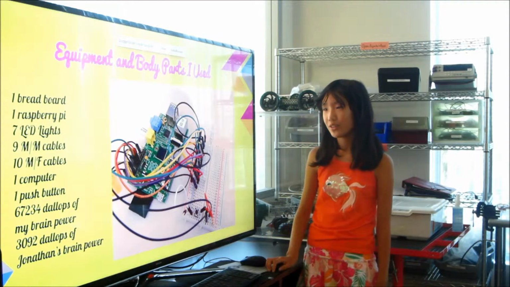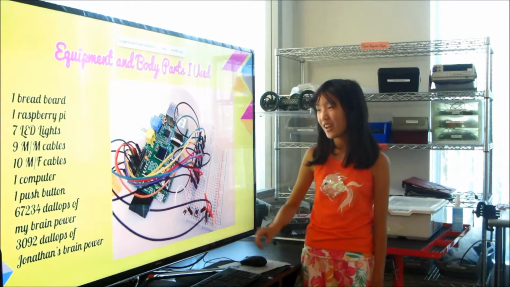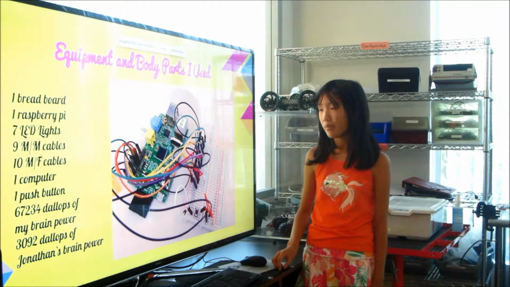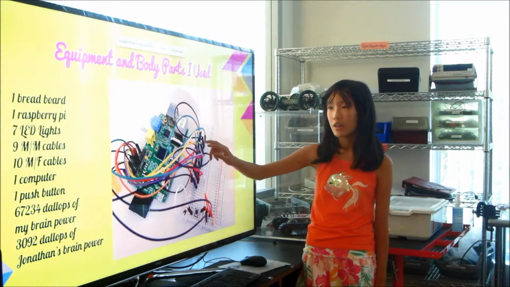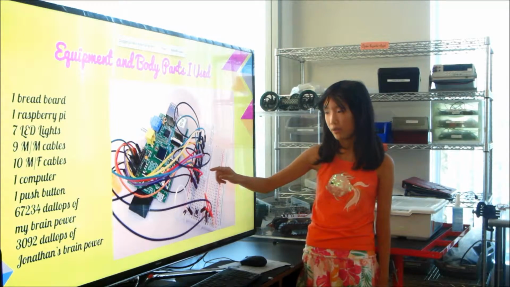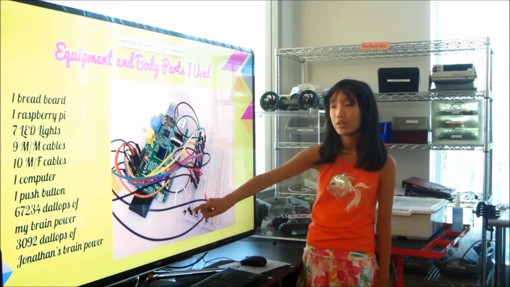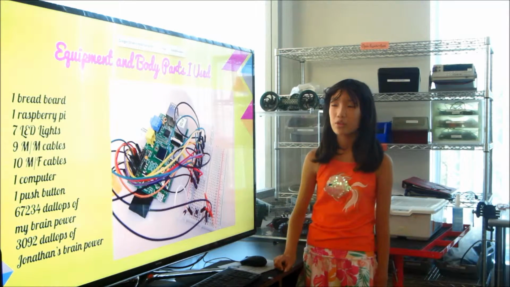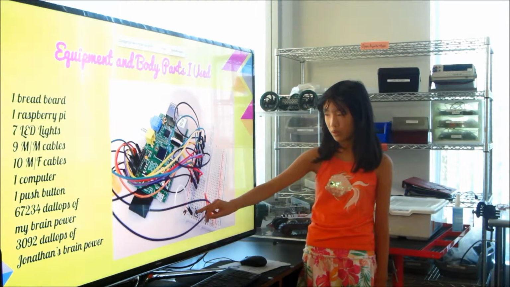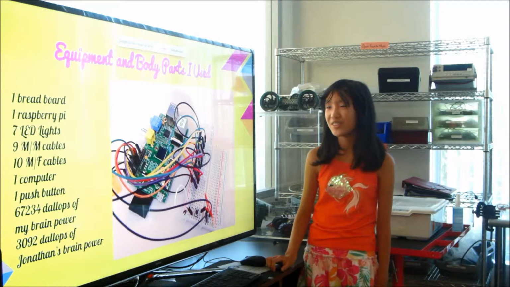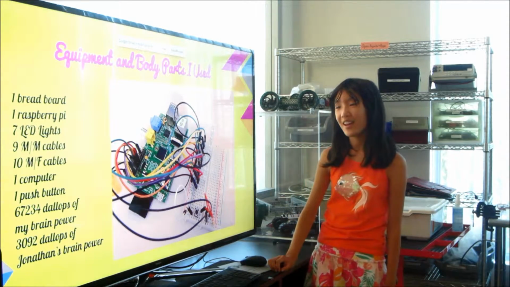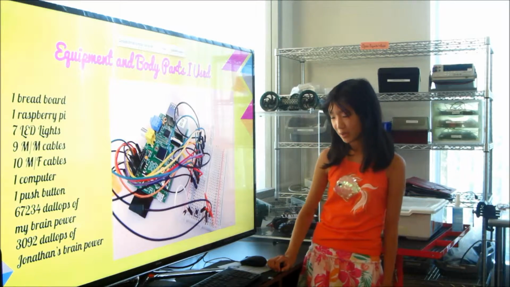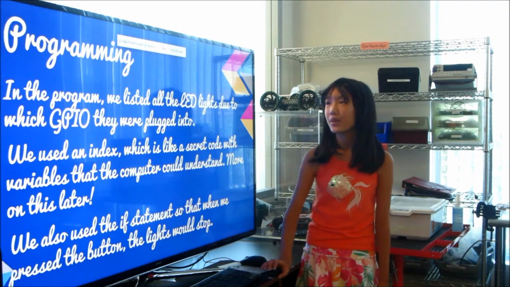I use 9 M2M cables, which are these, and I use 10 M2F cables, which are these many ones. I use 1 computer to program it and 1 push button down here. I use $67,234 of my brain power and $3,092 of my mentor's brain power.